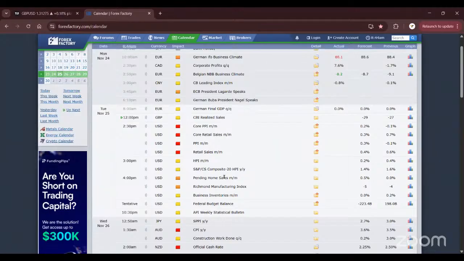There's one on the dollar, core PPI. There's core retail sales, PPI month on month, and retail sales month on month, right? And these are all coming out by 2:30 p.m. So we're going to be watching to see what impacts they have on the chart. You should also watch out for that because this is the dollar. Forgive my voice. This is going to be on the dollar, and we're looking at dollar correlated asset classes.